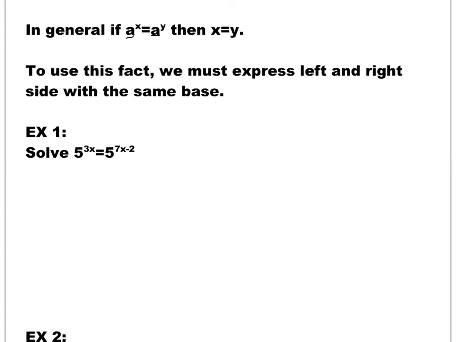The first example, let's solve 5 exponent 3x equal to 5 exponent 7x minus 2. Since the bases are the same, both of them are 5, we can say the exponents have to be equal. So 3x has to be equal to 7x minus 2. To solve this one, I'm going to bring negative 2 to the left and 3x to the right.